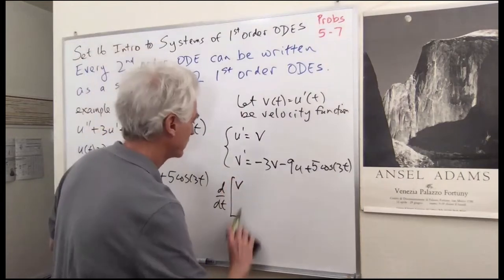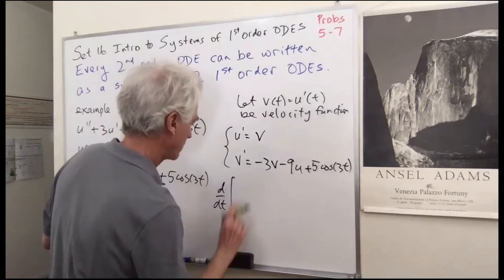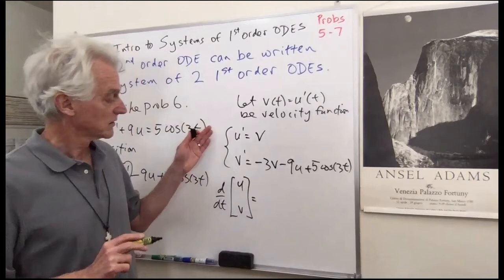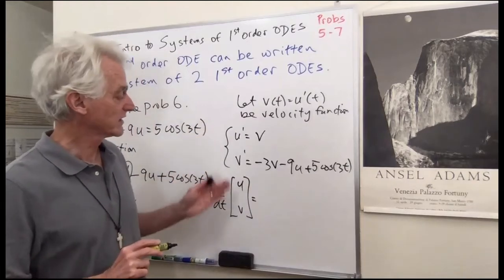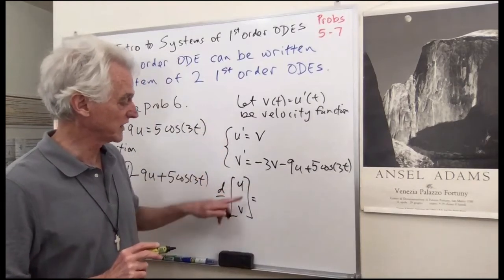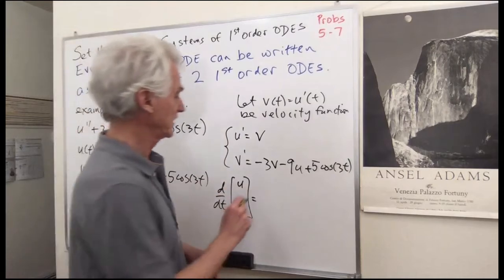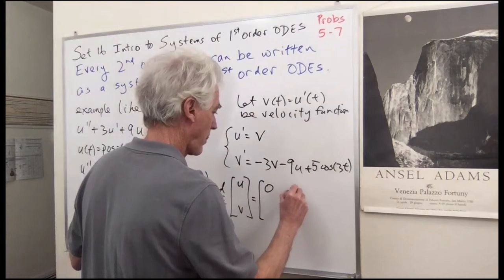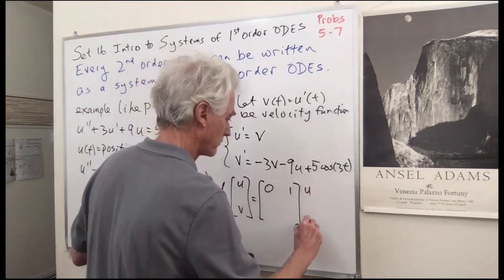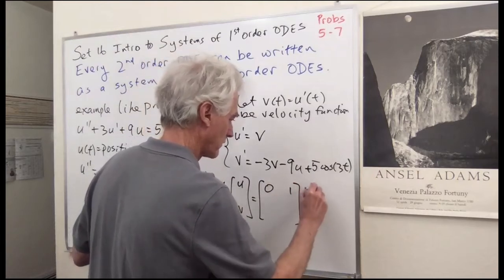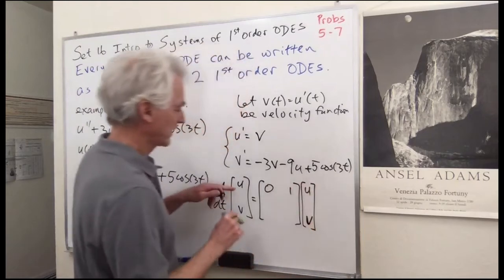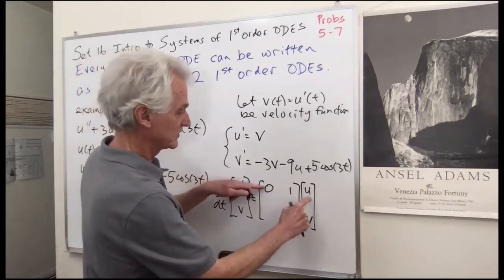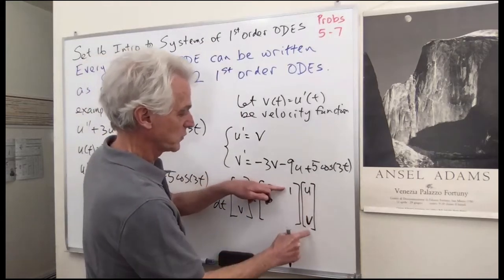Then, given what we did before, this can be written as d/dt of u and v. I can write this in vector form. I get this vector with components u and v. u prime is v, so that means that I can do matrix multiplication. If I get, the first component is u prime or du/dt, and that is 0 times u plus 1 times v.